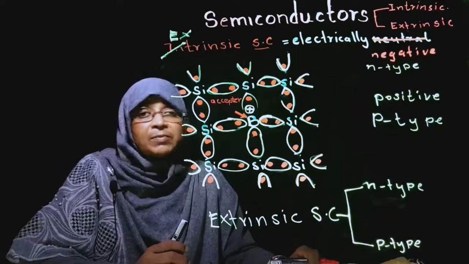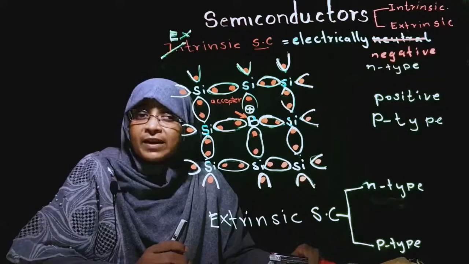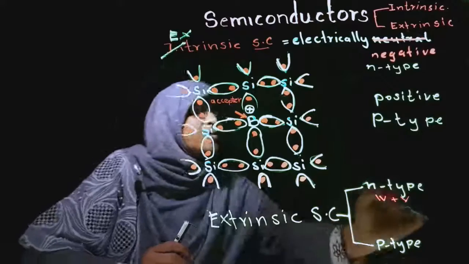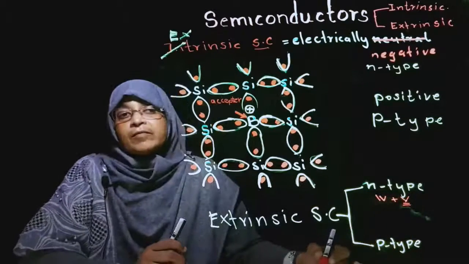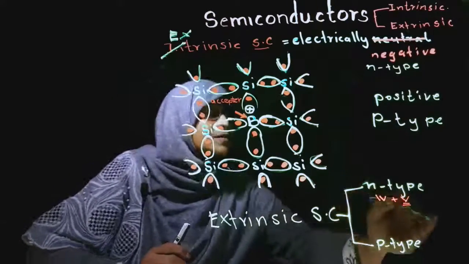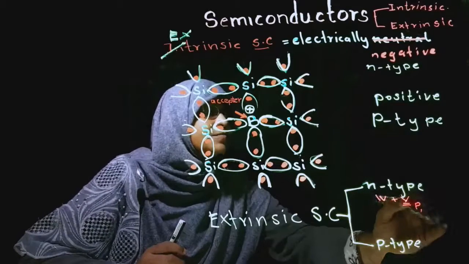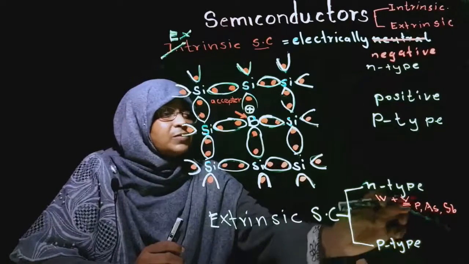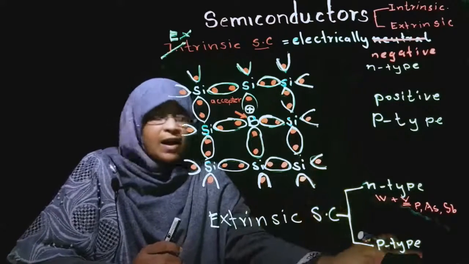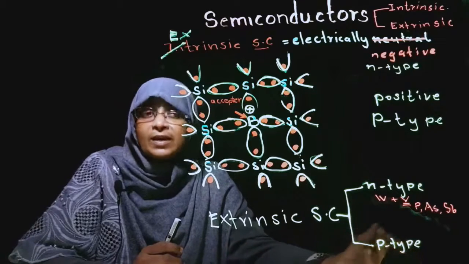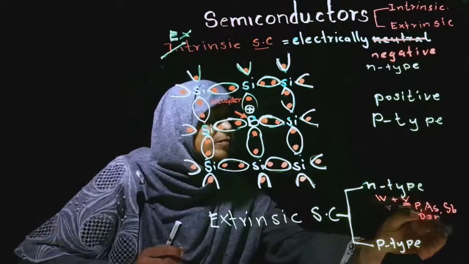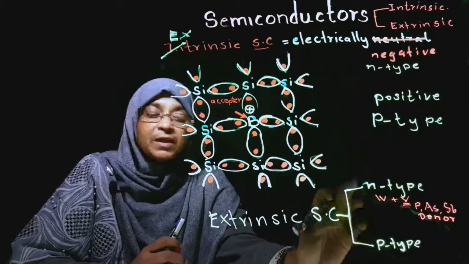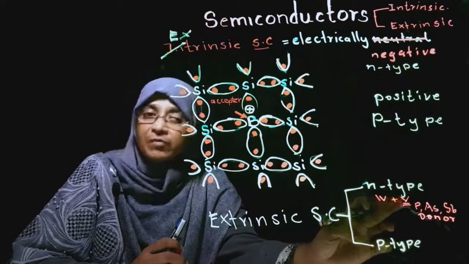N-type can be formed by mixing group 4 with group 5.